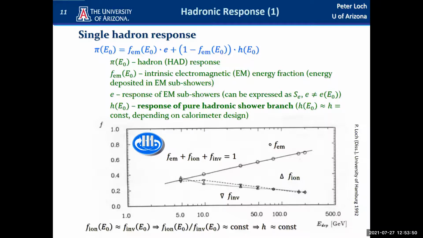And you see FEM, on this log energy scale, is basically rising linearly, and the invisible fraction, that is a fraction that cannot be turned into a signal at all, and the ionization fraction, which gives us a signal of the hadronic shower, are pretty much identical in this particular calorimeter. Actually, we studied this for ATLAS, and in most ATLAS calorimeters, it looks the same. This may be a model feature in Geant, but it's what we observe.